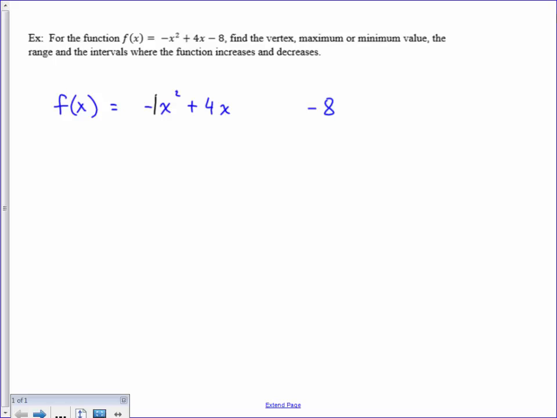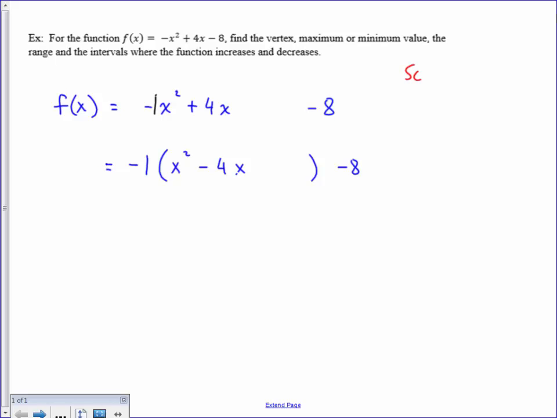Anytime there's a number other than 1 in front of x squared, that value must be factored out of the squared term and the x term. So I will factor a -1 out. That will leave me with a positive x squared minus 4x. Go ahead and leave a little space and then write your -8 outside.